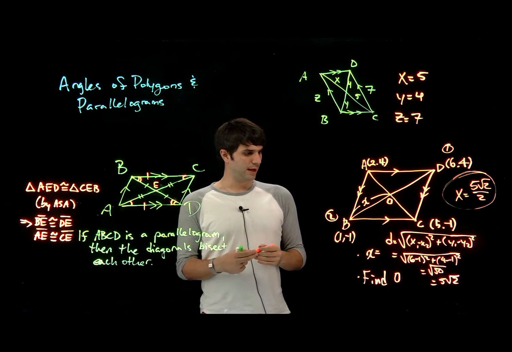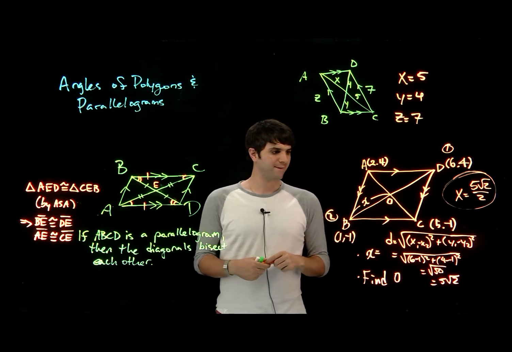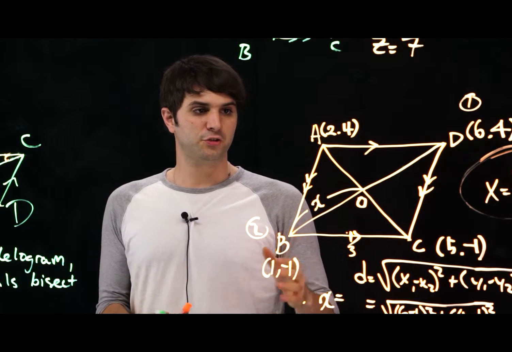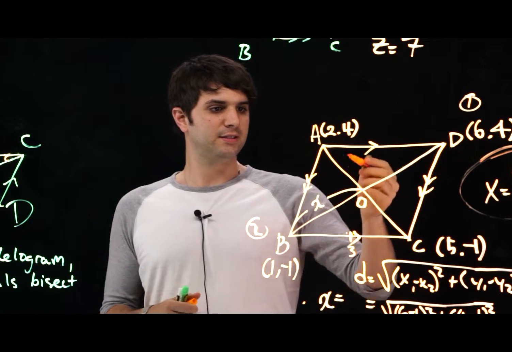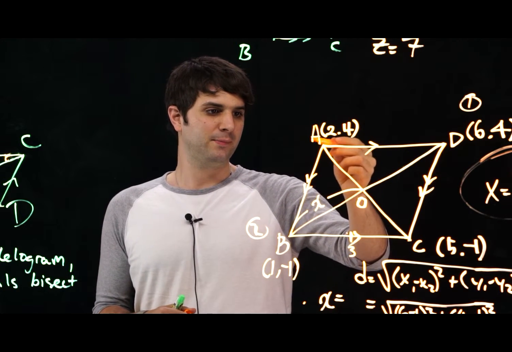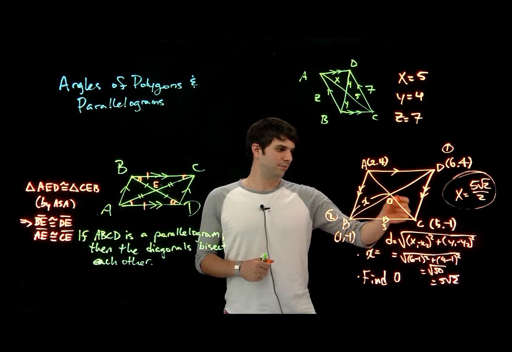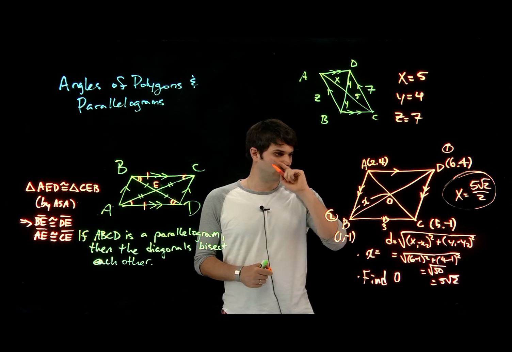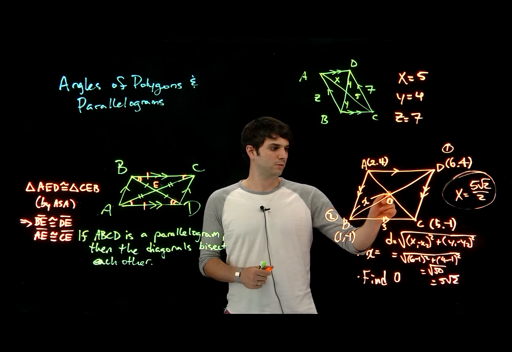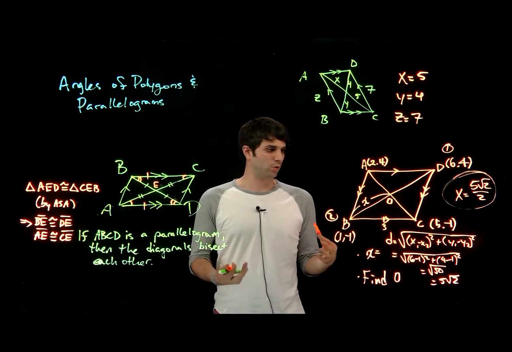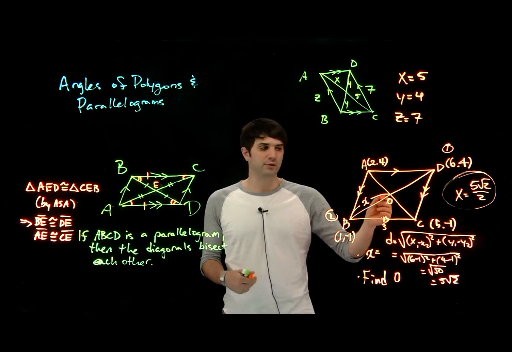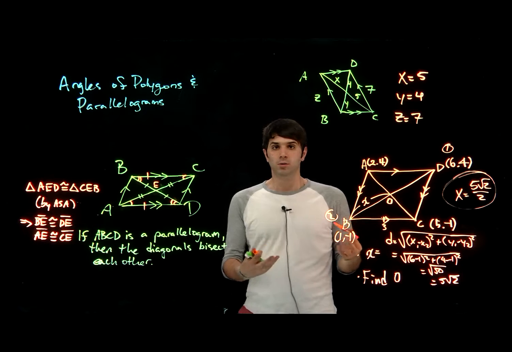Now we need to find the point O. To do that, if we find the midpoint of this line, the midpoint would give us one of the values, x or y. If we find the x midpoint, we'll get the x value, and if we find the y midpoint, we'll get the y value.